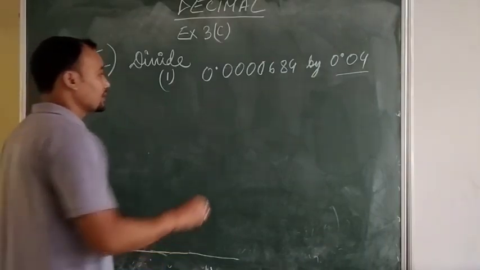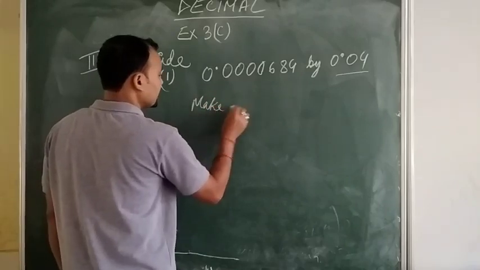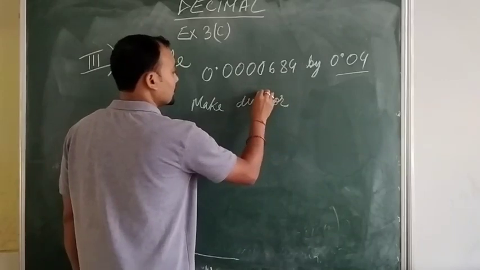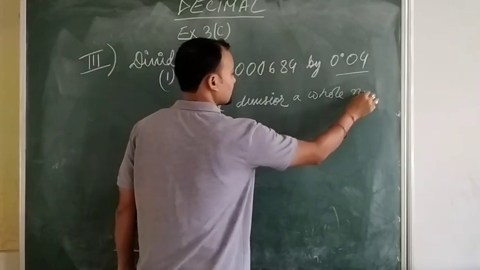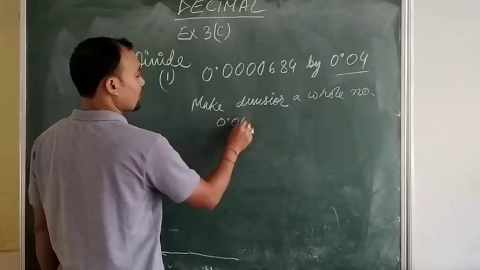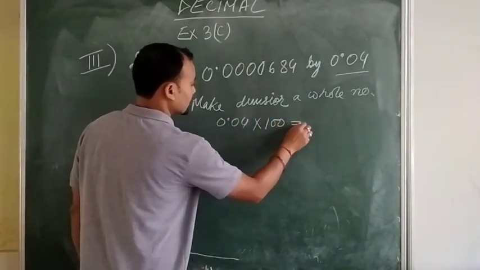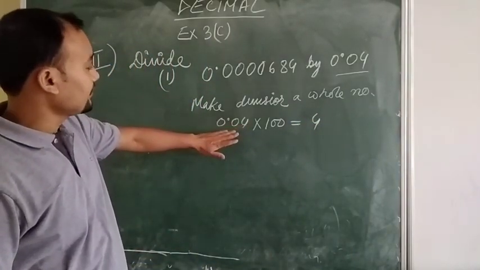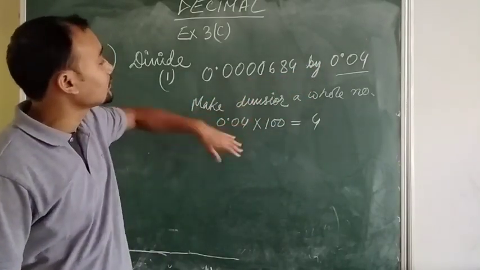First make the divisor a whole number. In order to make 0.04 a whole number, we need to multiply by 100, making it 4. Now, since we have multiplied the divisor by 100, obviously you have to multiply the dividend by 100 too.